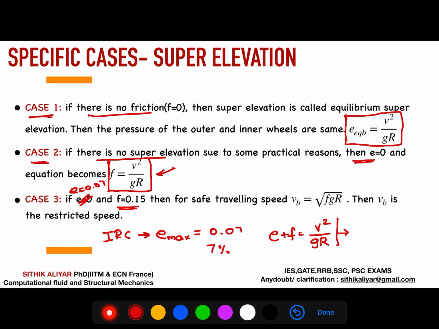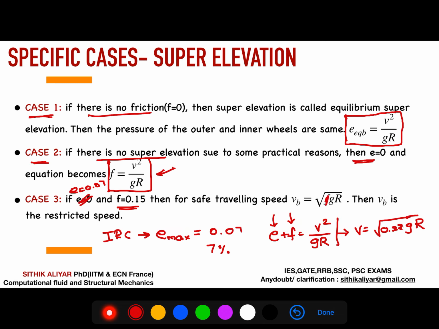Substituting 0.07 plus 0.15 gives 0.22, then V will be equal to the square root of 0.22 into gR.